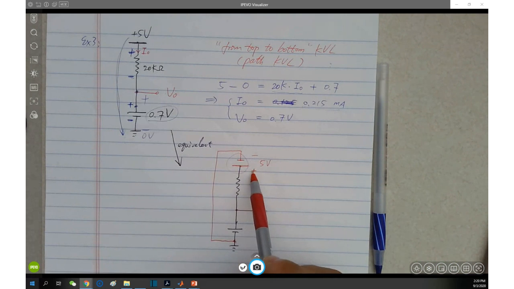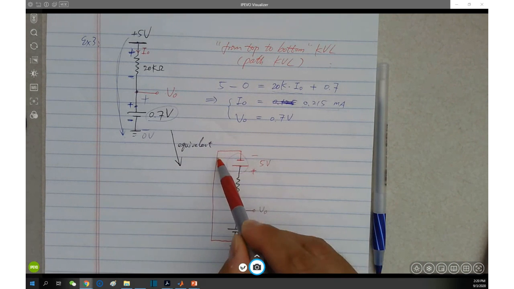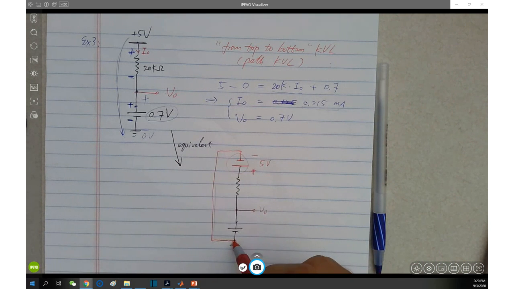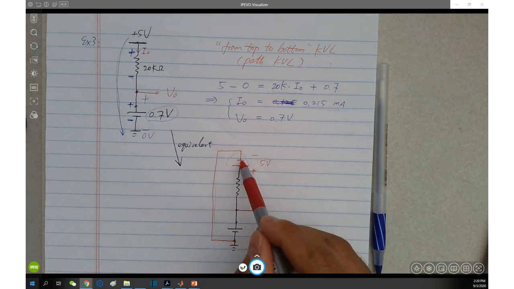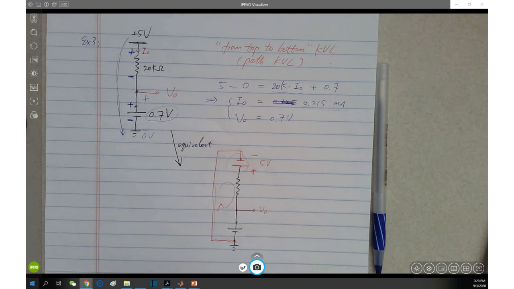However, any voltage is a 2 terminals concept. Remember, this is the 3rd time today I emphasize this. The second terminal, the negative polarity of the 5 volts, is nothing but the ground. That's why I shorted it down here. And once you short it down to here, you are seeing a loop where you feel free to write KVL.